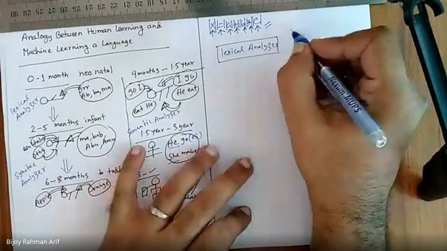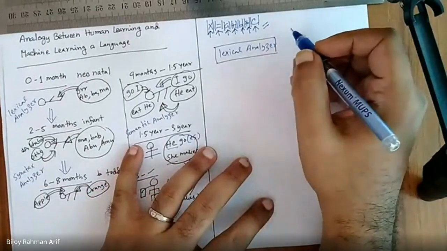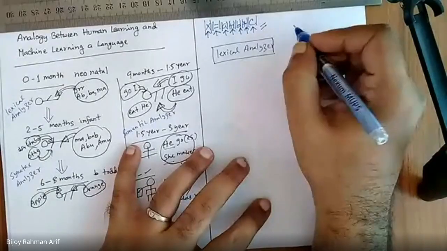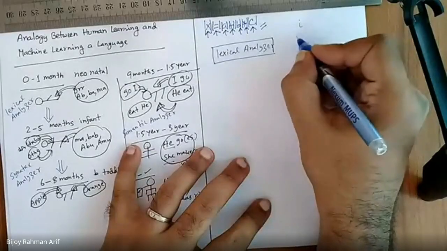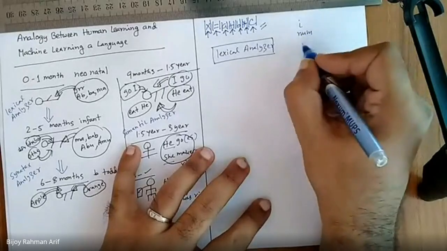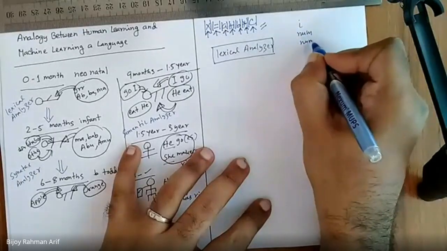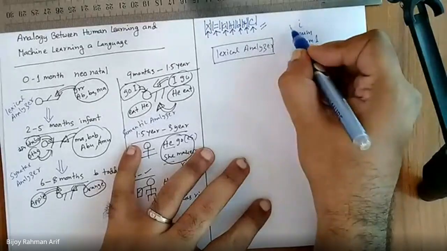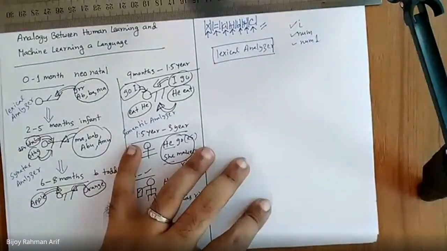For example, in a language, we know the variable names, right? We write a lot of times i, then nam, then nam1, those kinds of things. Those are single units, right? Yes, sir. What are those called?